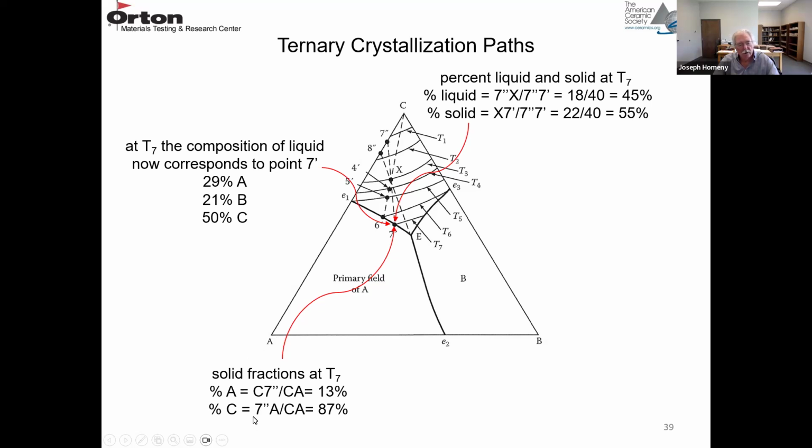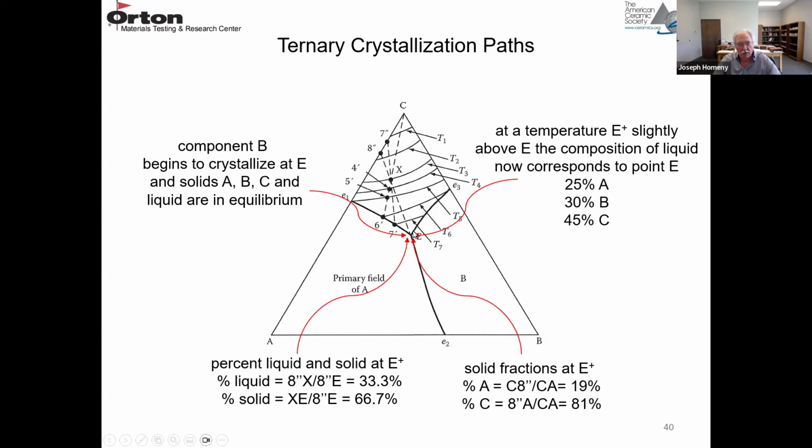And then percent C is 7 prime, 7 double prime A over the entire length CA, and that's 87%. So we have a liquid of 45%, the solid percentage is 55%, but of that 55%, 13% is A, and then 87% is C.